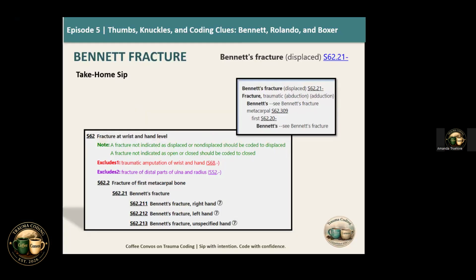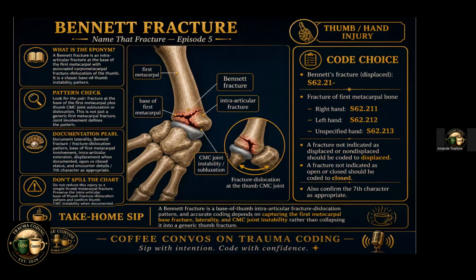So your Bennett fractures actually are a combination code in ICD-10, so you can assign it out, and our tabular list provides us with that Bennett fracture. Now, it does not include the details for that carpometacarpal instability, so you just want to make sure that you assign all the injuries, but we do know, based on what's here, that with your Bennett fracture, you have that base of the thumb fracture, and it's an intra-articular fracture type with some dislocation.